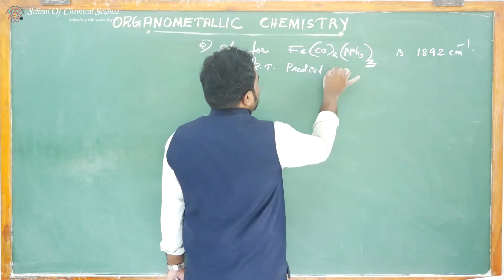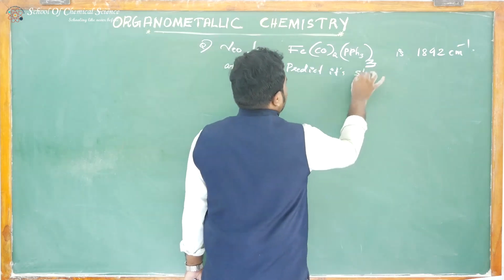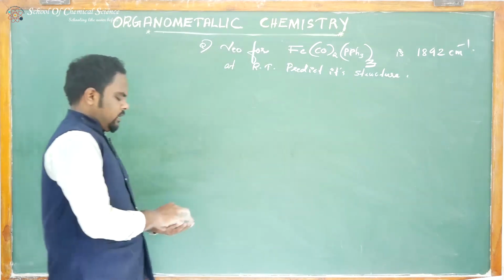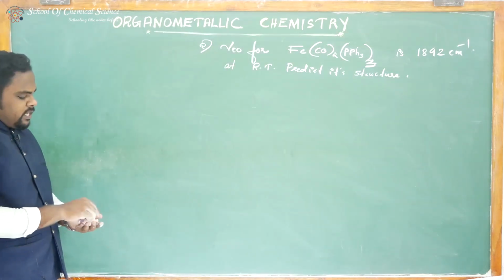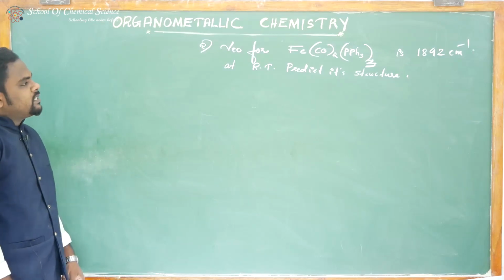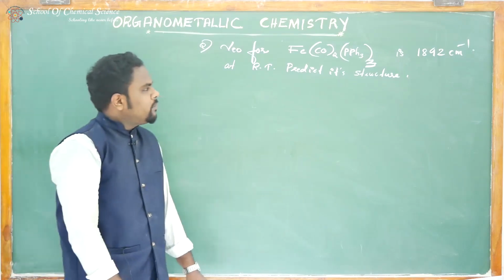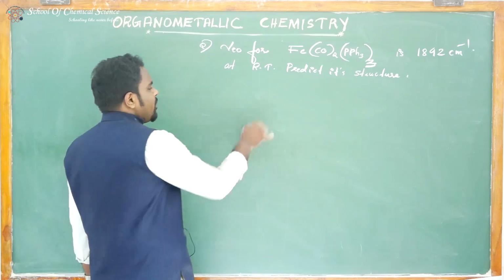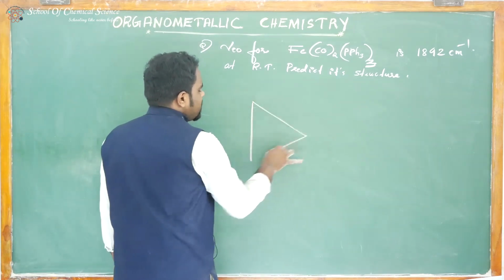Predict its structure. A complex Fe(CO)2(PPh3)3 shows a band at 1892 centimeter inverse at room temperature. Predict its structure. So for a TBP molecule, what are the possible arrangements?